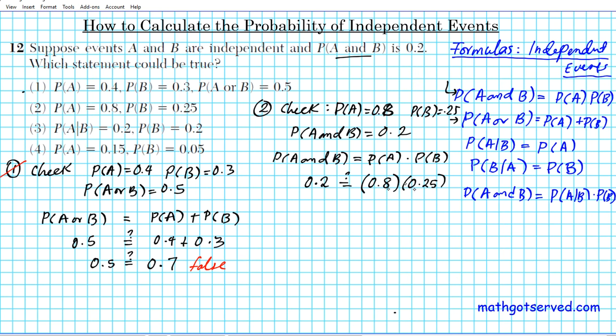So if you multiply 0.8 by 1 over 4, it is 0.8 divided by 4, which is 0.2. Or you can simply use your calculator. You will see you get 0.2. Is 0.2 equal to 0.2? That is absolutely true.